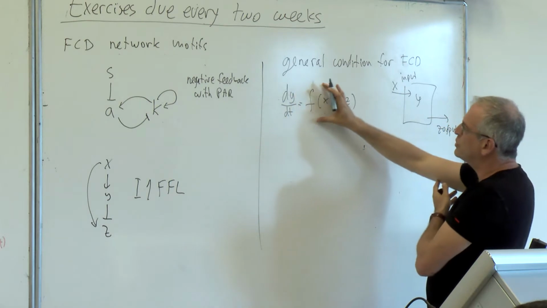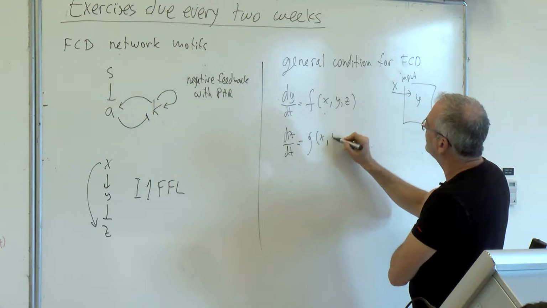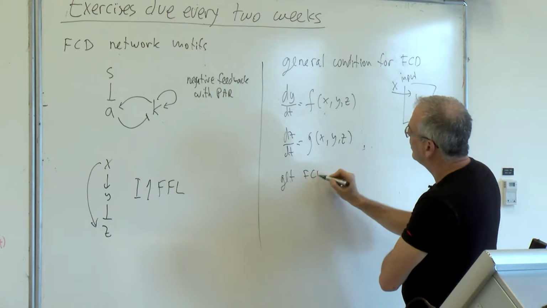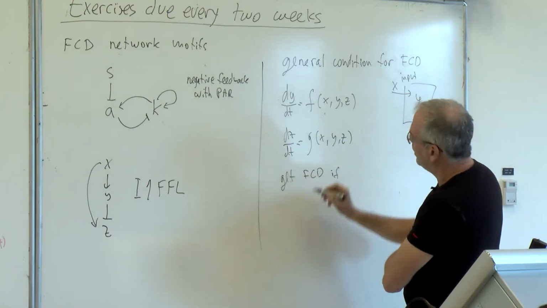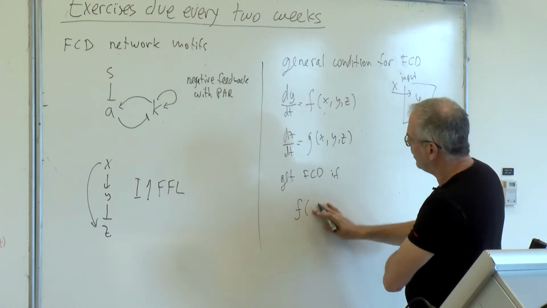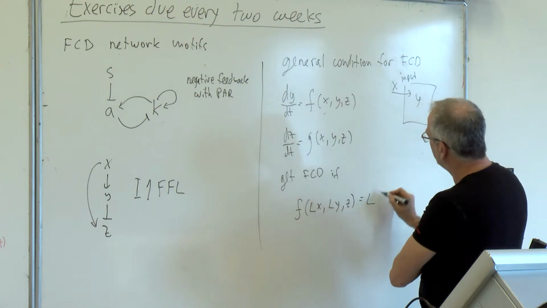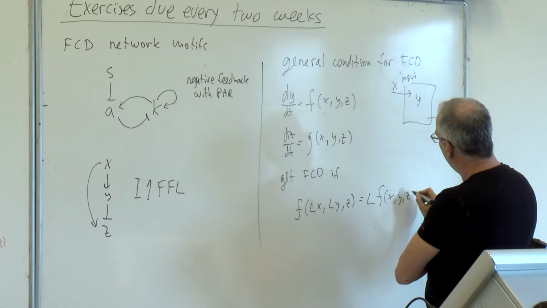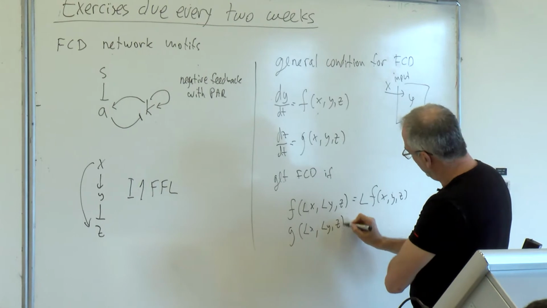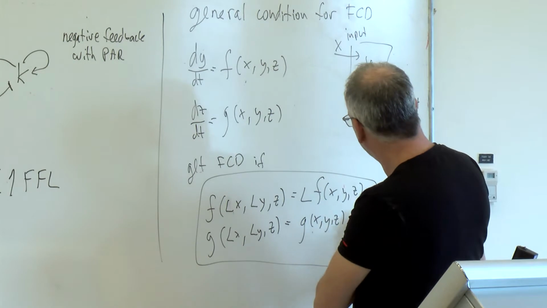So this is a general way to write down the dynamics. dz/dt is G of x, y, z. Then I get FCD if the following conditions are met. If I multiply the input by L and y by L, then L goes out of F like this. And if I do the same to G, G remains invariant. So you can prove this basically using the rescaling argument.